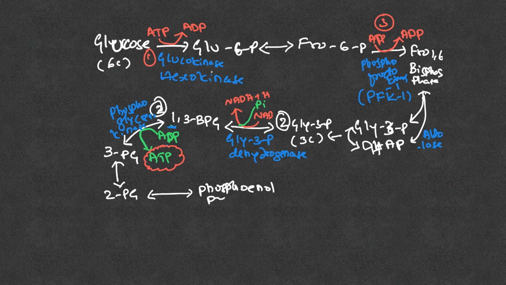Now the phosphoenolpyruvate, you can simply write it as PEP. So this particular reaction will be catalyzed by the enzyme enolase. The name of the enzyme here is enolase. So the enolase enzyme is the one that will catalyze conversion of 2-phosphoglycerate into phosphoenolpyruvate.